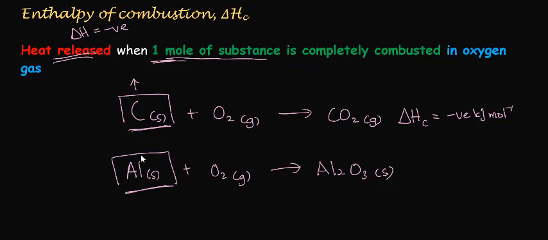You cannot touch this. But here you have 2 moles of aluminum. So to get 1 aluminum, you have to times it with 1 over 2. But here the oxygen you have 3 over 2, but you have 2 oxygen gas. So how many moles of oxygen is it going to be here?